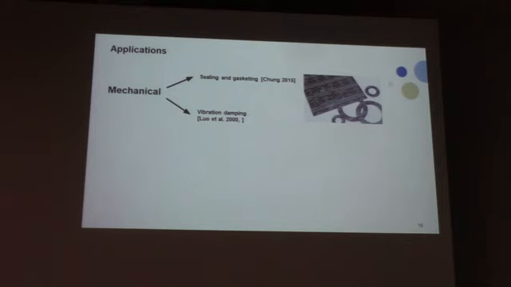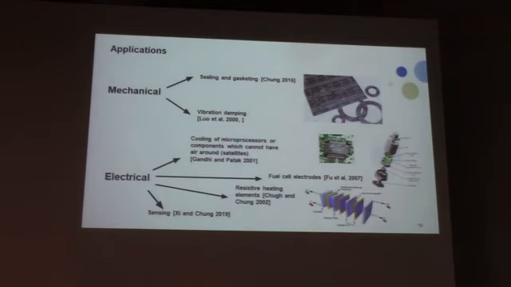As for applications in the mechanical field, there aren't so many so far. We see it in sealing and gasketing and in vibration damping, but this material is mostly used in cooling of microprocessors, or in electrical applications for fuel cell electrodes, resistive heating elements, and sensing.